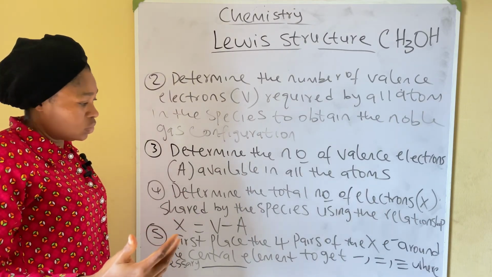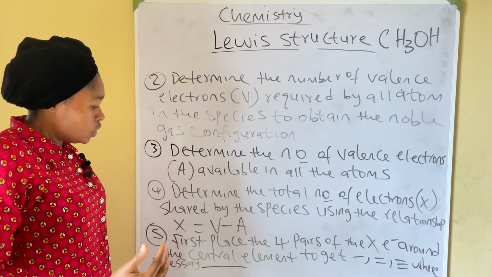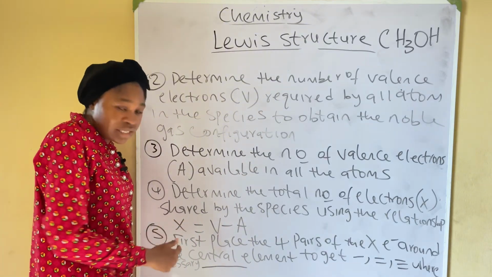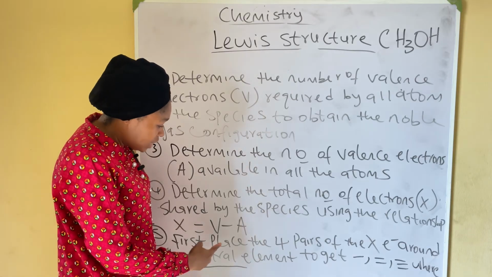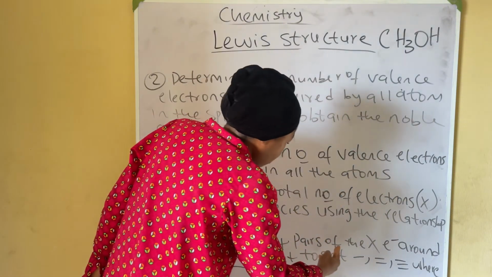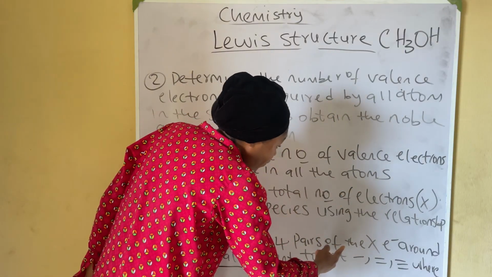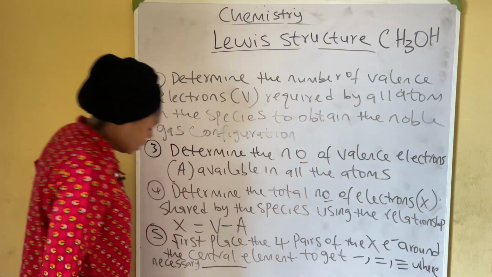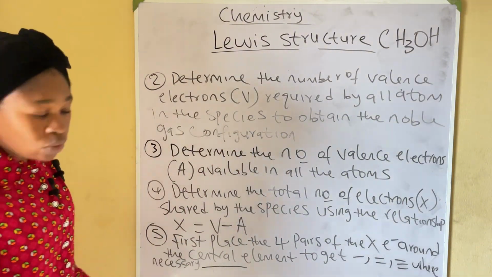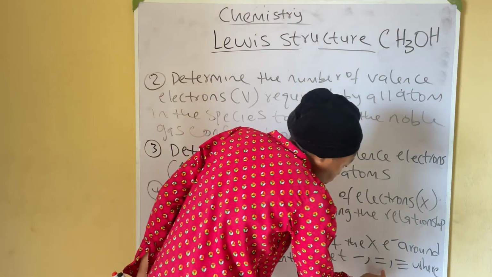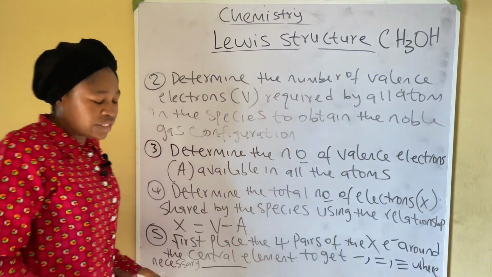When you get your number of shared electrons, divide by 2 to give you the pairs. Place the pairs of shared electrons around the central element to get single bonds, double bonds, or triple bonds where necessary.